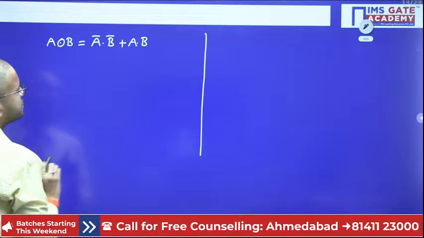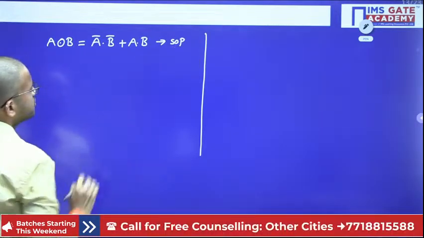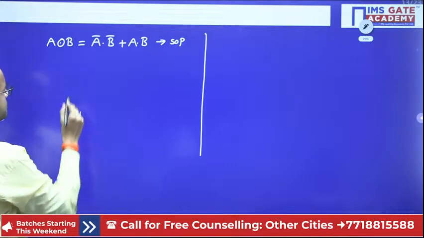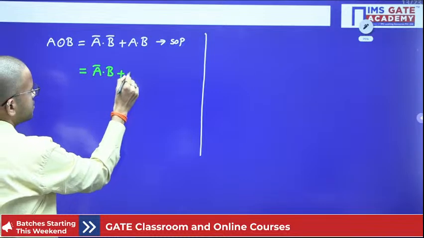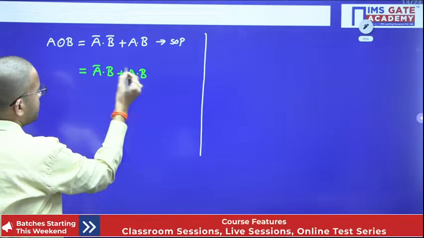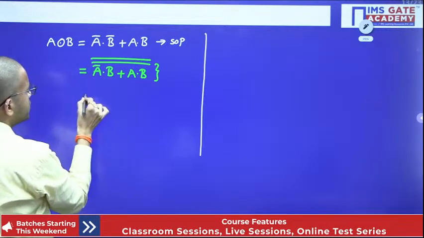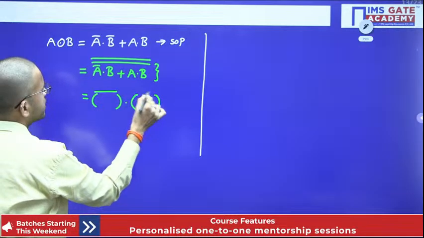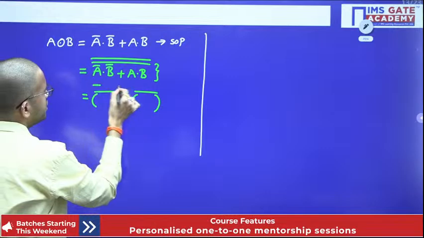Okay, we'll see. This particular function is in SOP form, so you can implement by using NAND gates easily, right? So I am considering the function as it is. Apply 2 times complement. For the inner complement, you can use De Morgan's law. First term complement, second term complement, here A bar B bar, and then keep the external complement as it is.